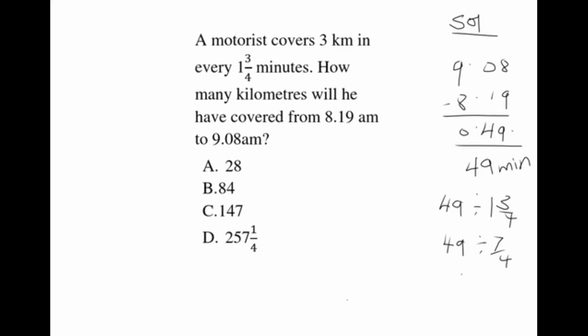Then we have 49 times the reciprocal of this, 7/4 is 4/7. Then simplify by 7, 1. 49 divided by 7 is 7.